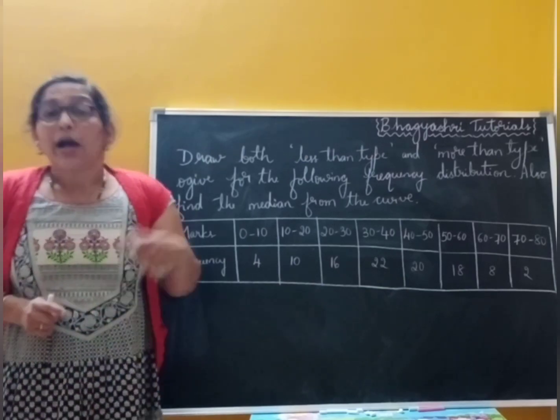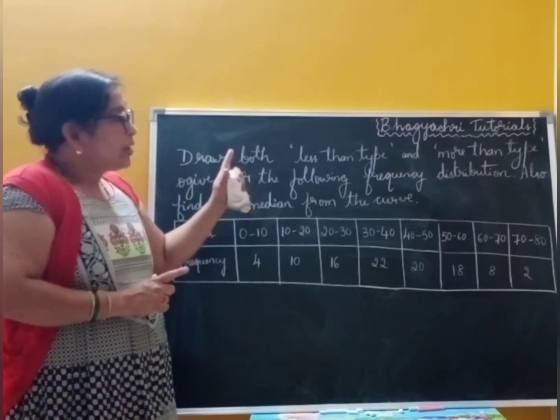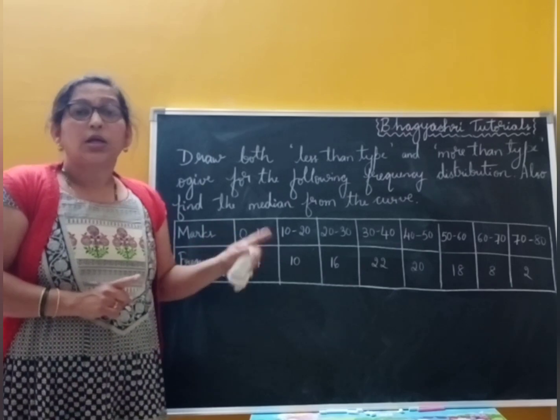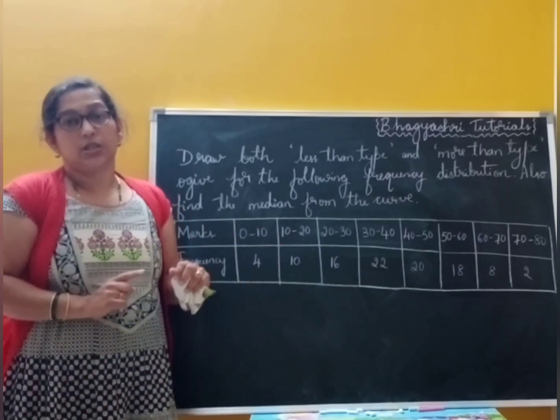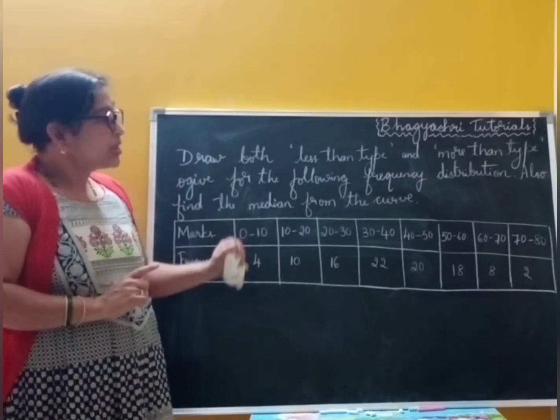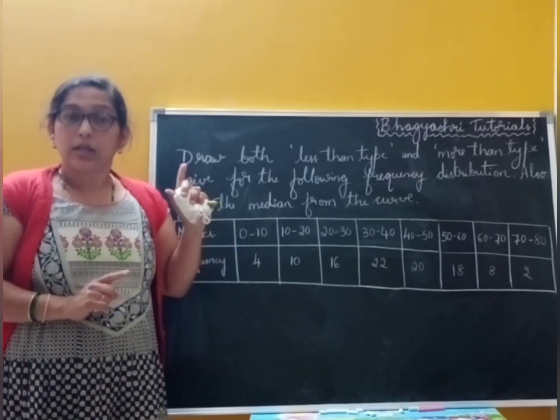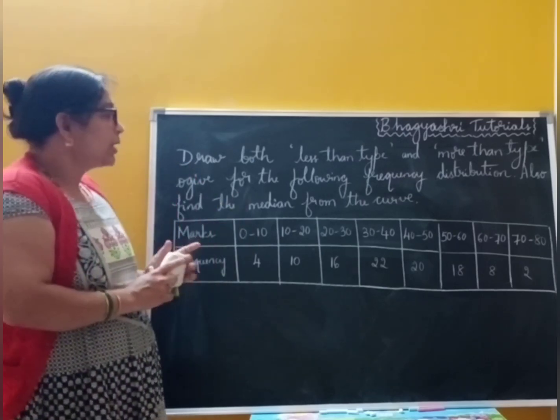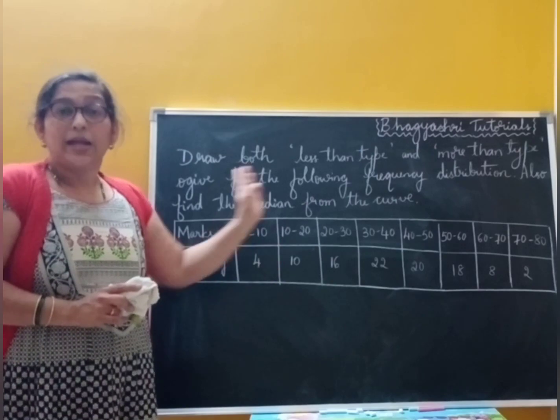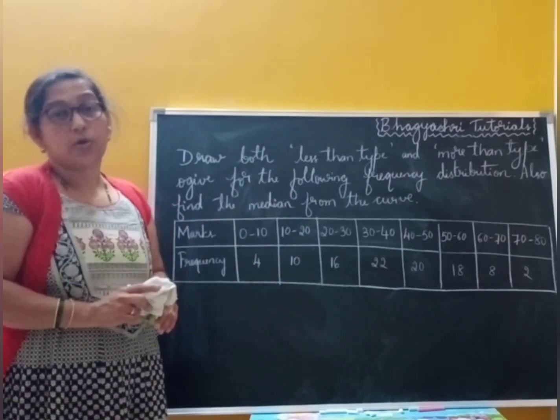Now as I said before, we are going to construct ogive for the cumulative frequency distribution. So first we need to make the tabular columns to write the cumulative frequency for less than type and for the more than type.